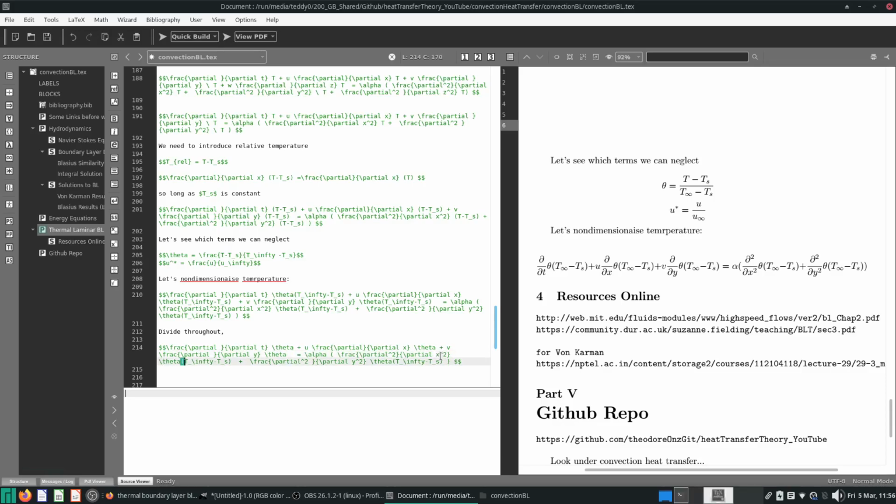Theta is on the order of magnitude of 1. That's the useful thing. We need to make sure that all of these non-dimensional terms are on the order of magnitude of 1.